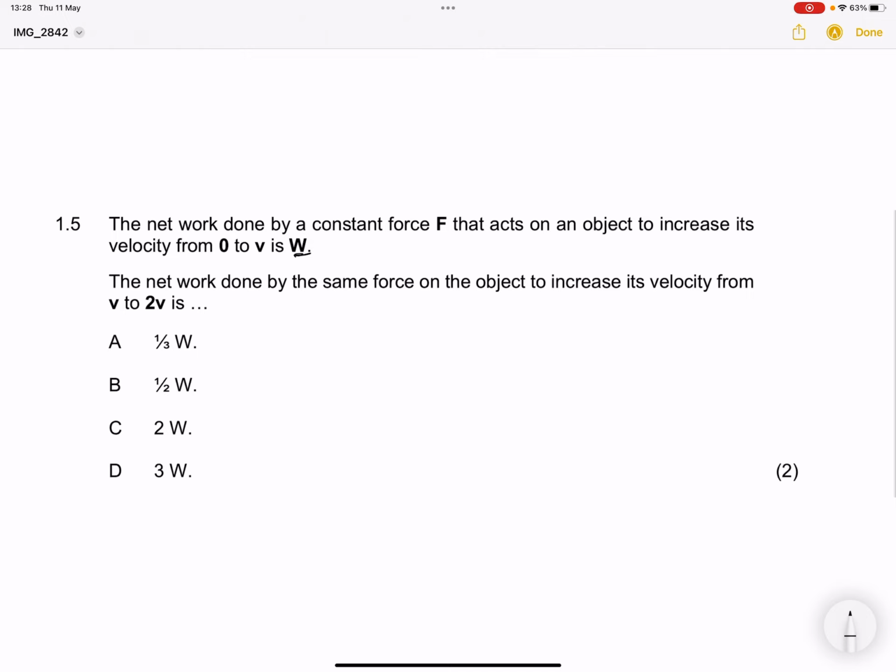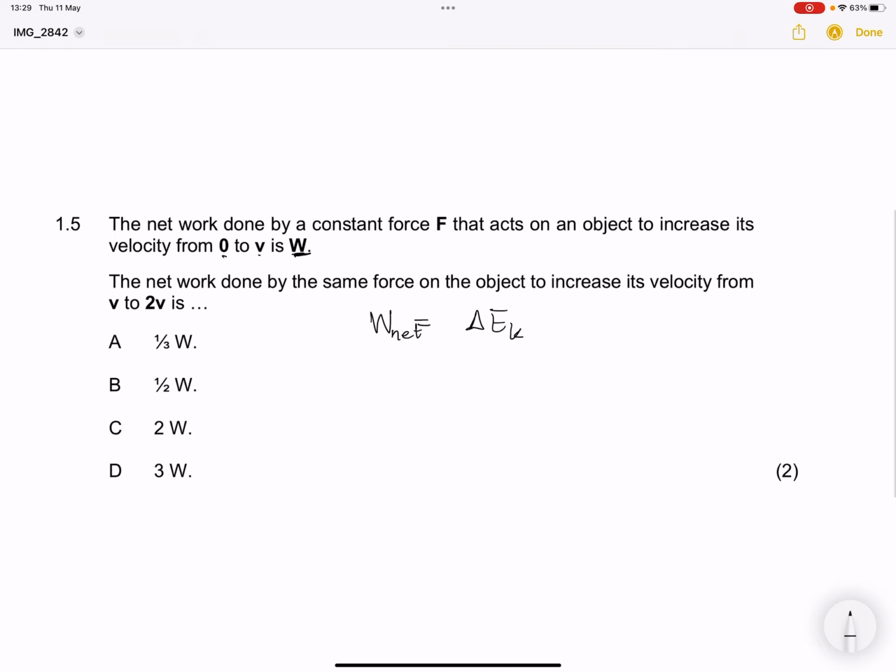So if you think about it, what relates work done and velocity? That's the work energy theorem, isn't it? So the net work done is equal to the change in kinetic energy, right?